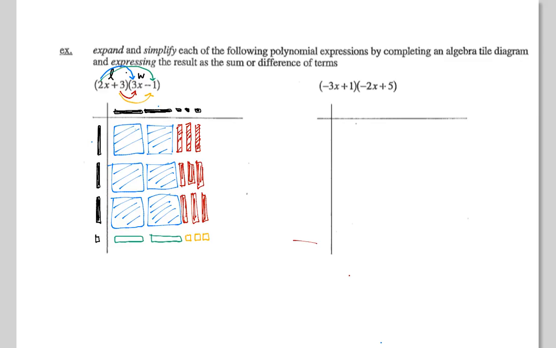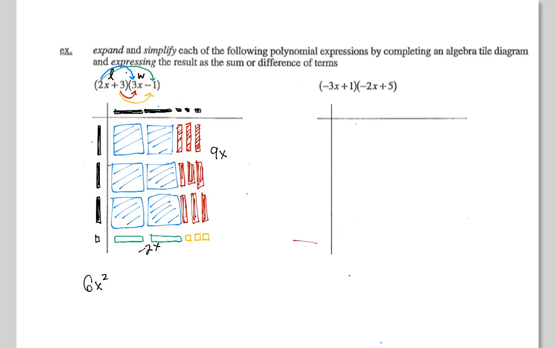Now you have to collect like terms. So how many squares do you have? 6x squares. How many bars do you have? Now I have to add the green and the red because they are the same like term. Here was a positive 9x and here was a negative 2x.